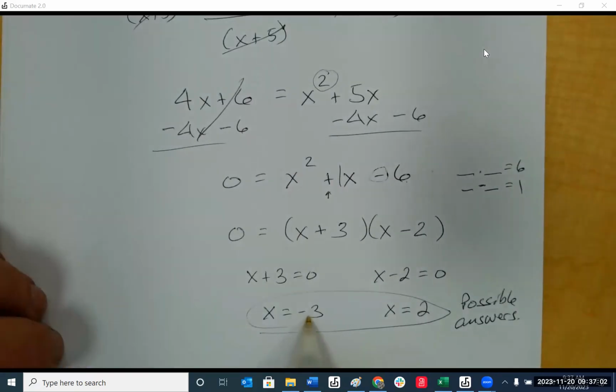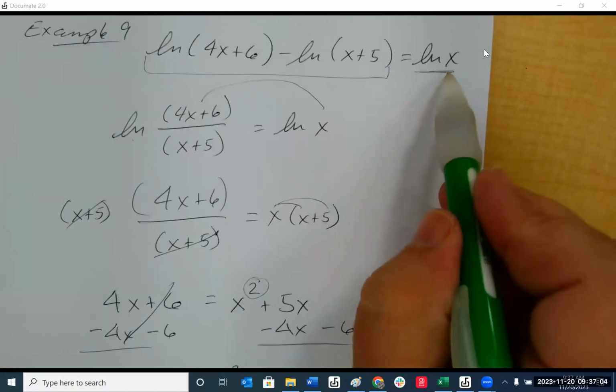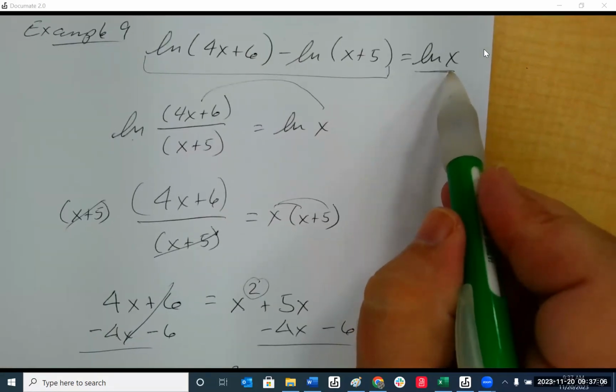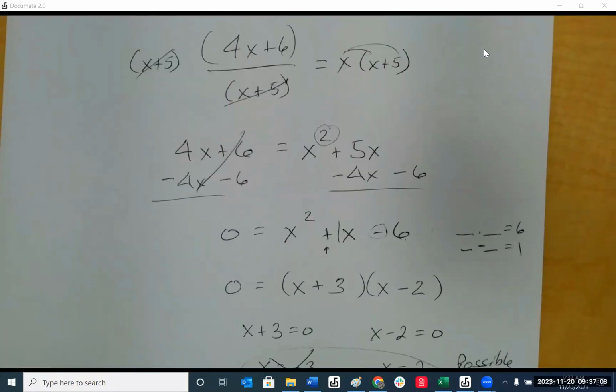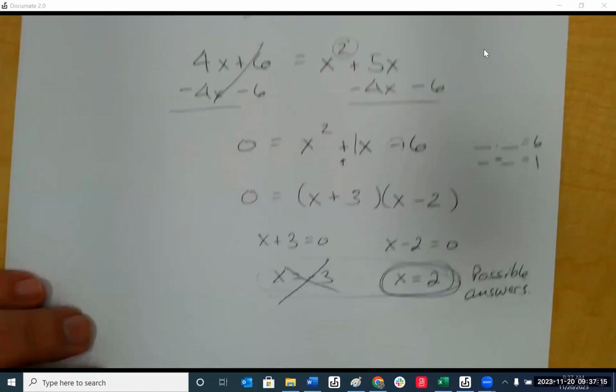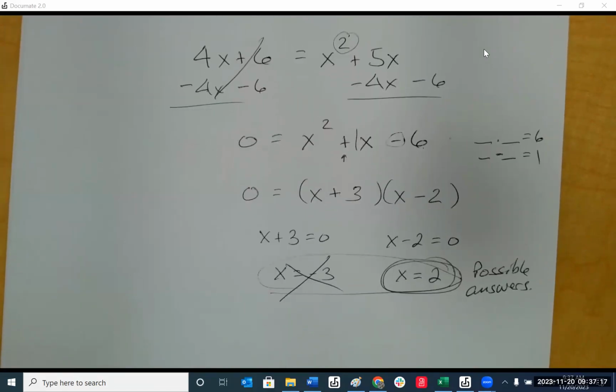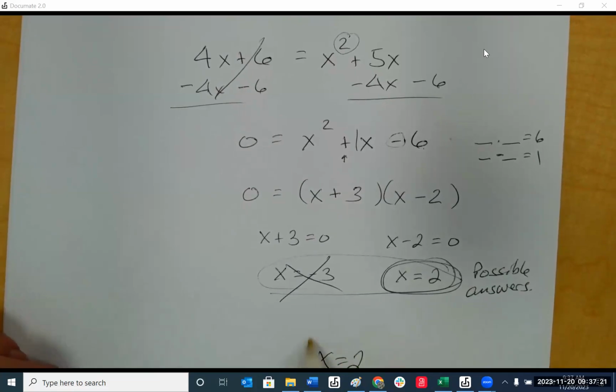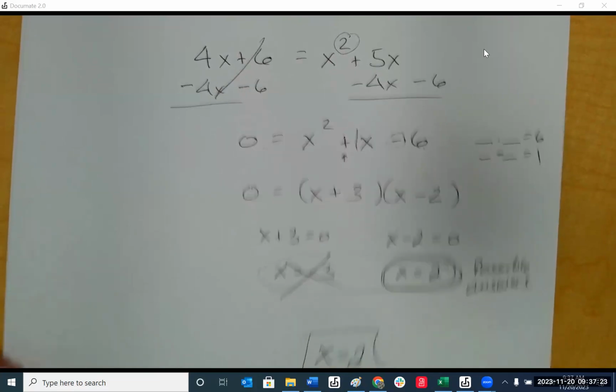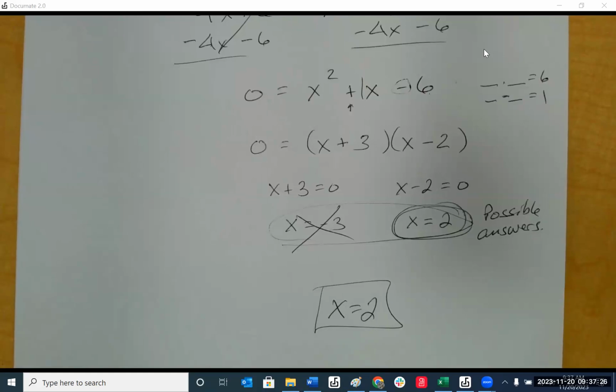If I put -3 in there, what happens? You can't. You can't have an ln of a negative. So the only answer we can have is this one. X equals 2 is our only answer. And that's the end of chapter 5.